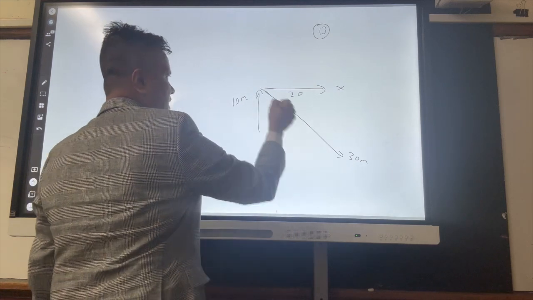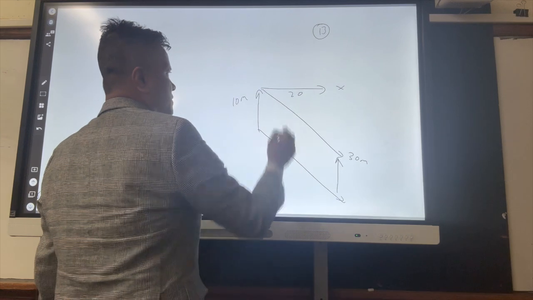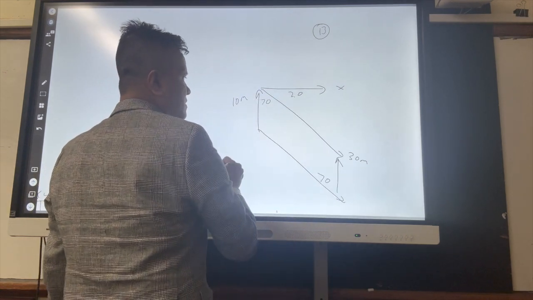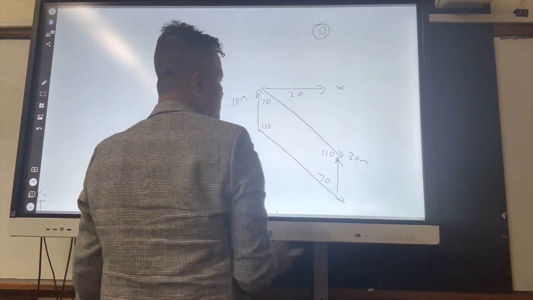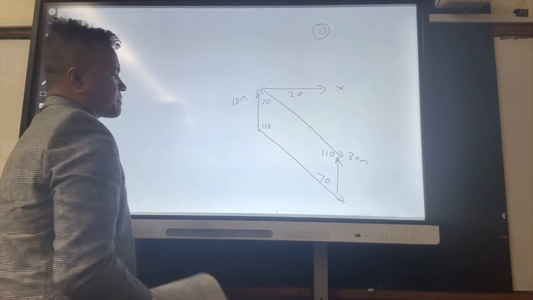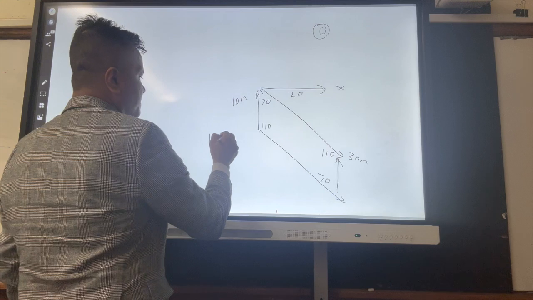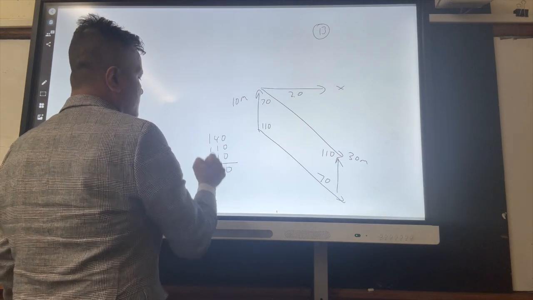So let's do a parallelogram. If this is 20, this is of course 70, and this is 70. This is of course then 110, and then 110. So 70, 70, 140, 110, 110, which adds up to 360.